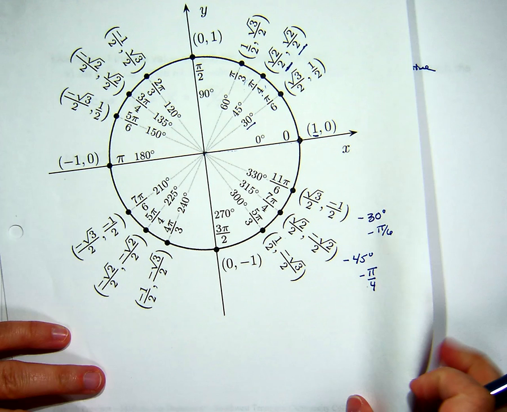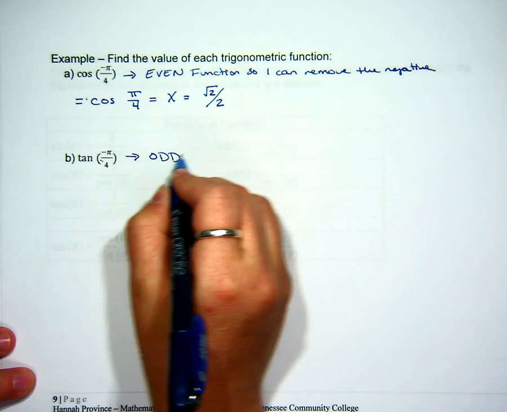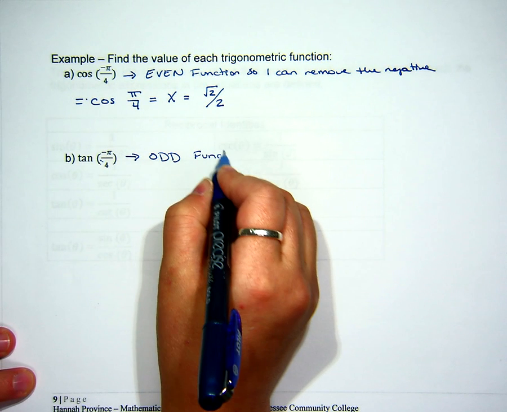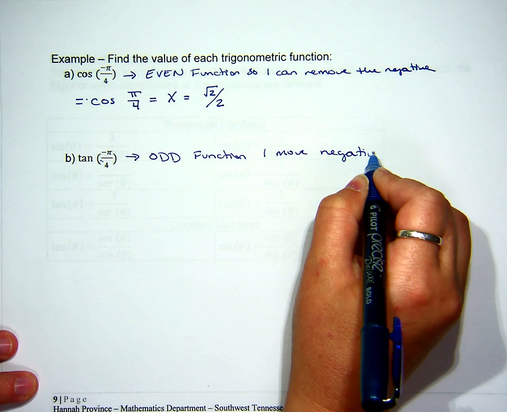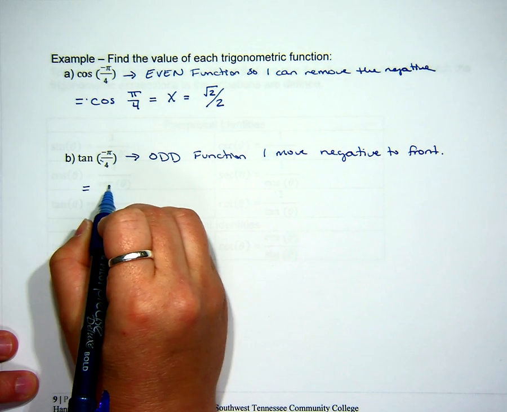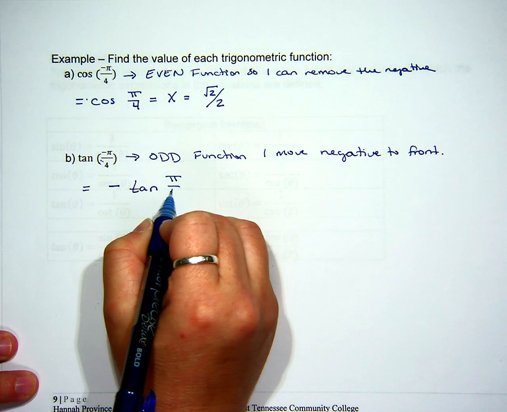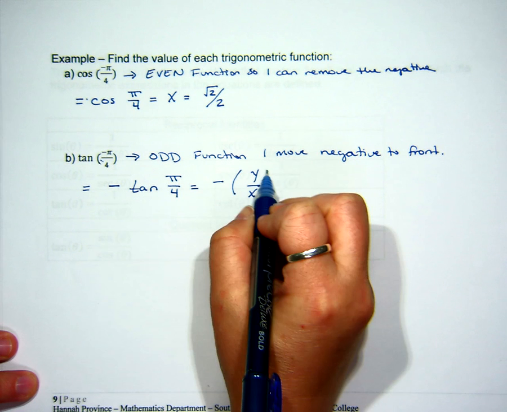Let's look at tangent at negative pi over 4. Tangent is an odd function, which means that I move the negative to the front. So that means that this is negative tangent of pi over 4. Well, that means it's negative y over x.